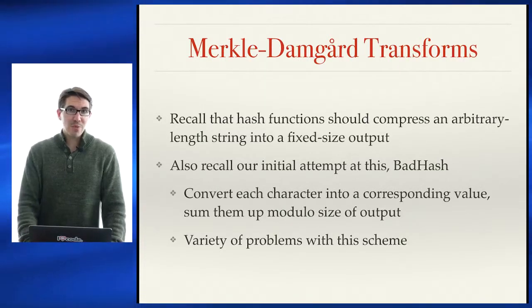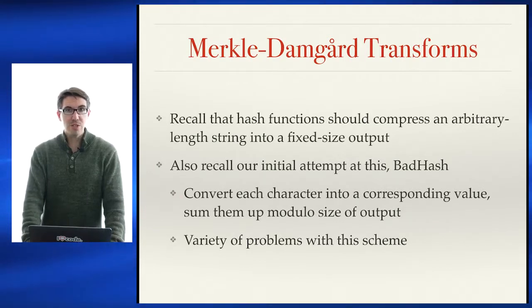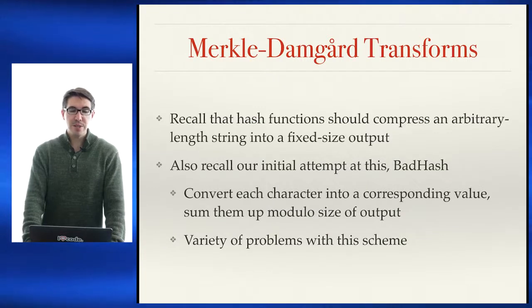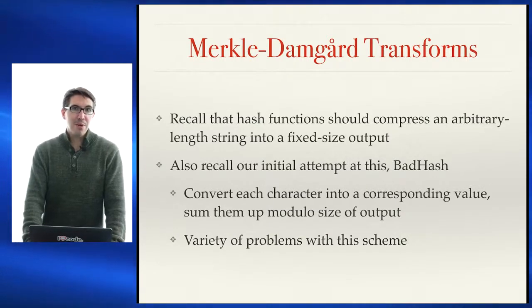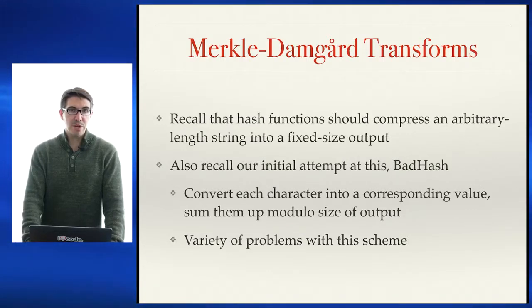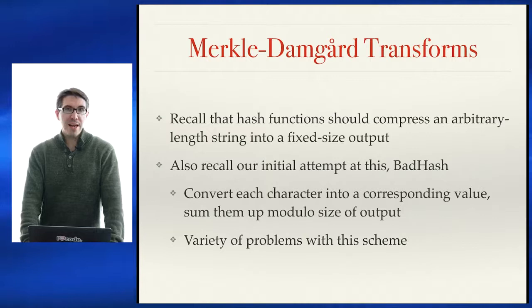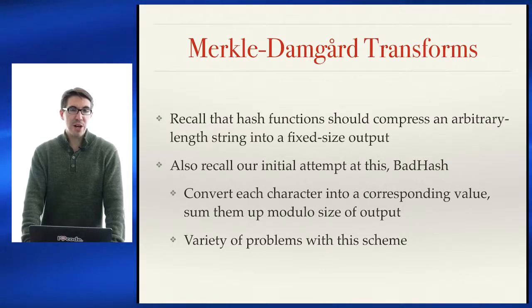There were a variety of problems with bad hash. You can go back and look at the original lecture on hashing to see all of the problems with it. However, there is a different kind of scheme called Merkle-Damgard transforms, and you probably recognize that name Merkle from Merkle trees, which provide a better way of generating hashes and doing it in a scalable way.